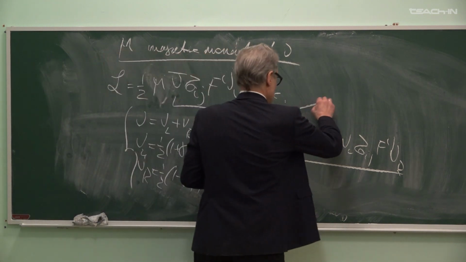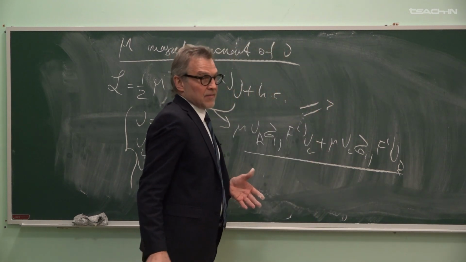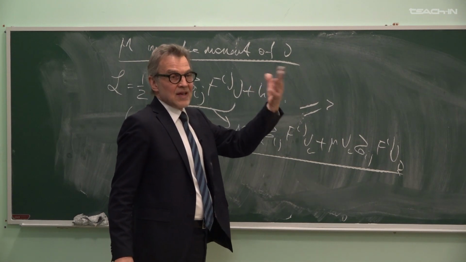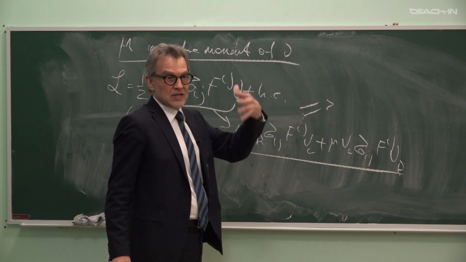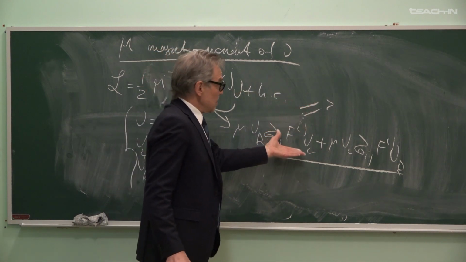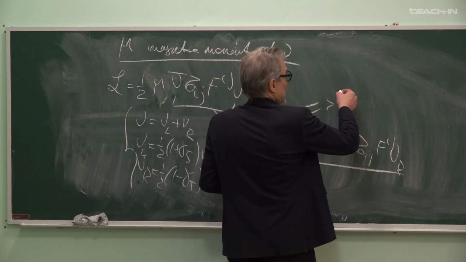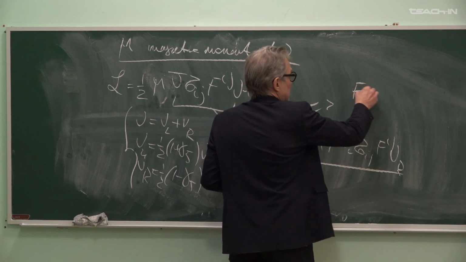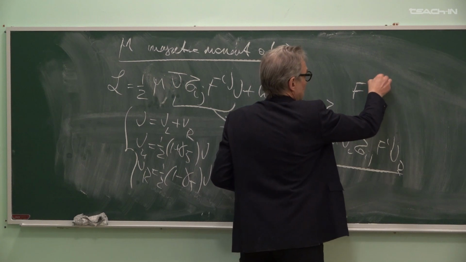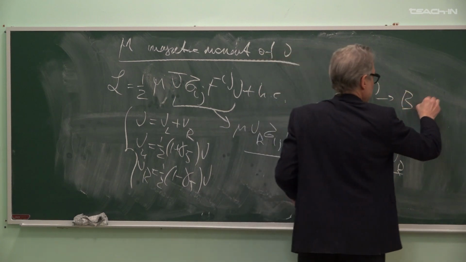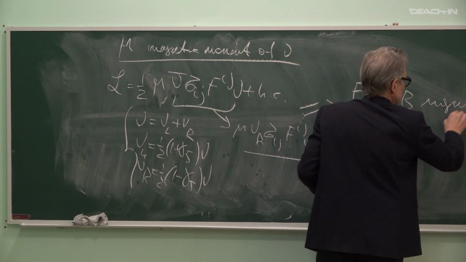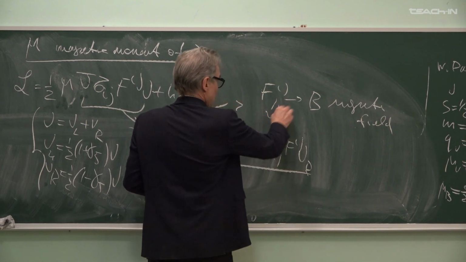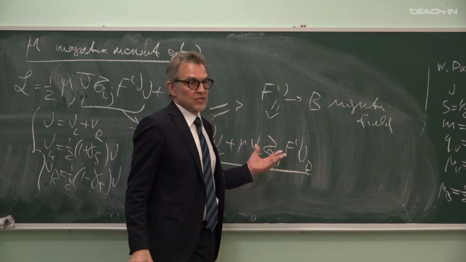So, as a result, just keeping in mind the analogy with the mixing of flavor neutrinos, of the mass states of neutrinos, we can see that if we consider this F_ij like the magnetic field, then there is a mixing between left and right neutrinos.